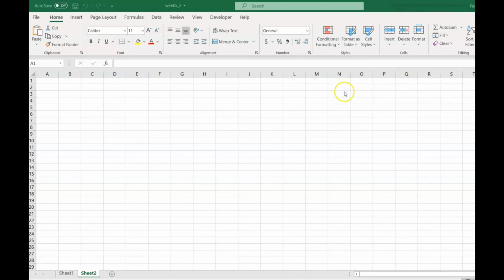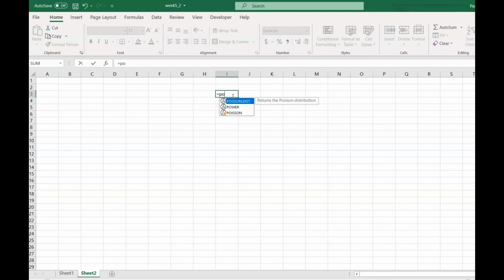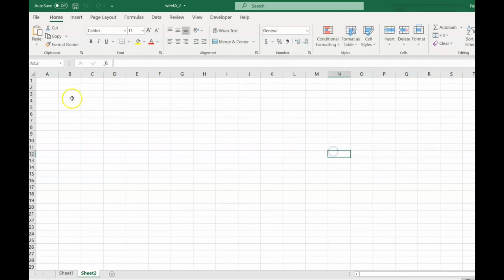To see the Poisson density function, the formula used will be equal Poisson dist. So this is the formula we are going to use. Let's look at a range, suppose this is x. This is density, the density function.